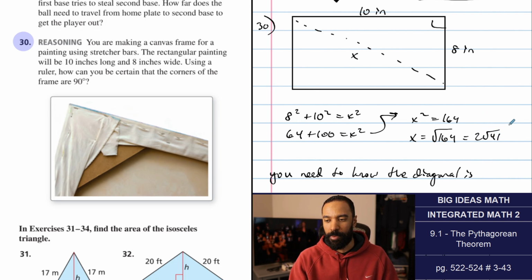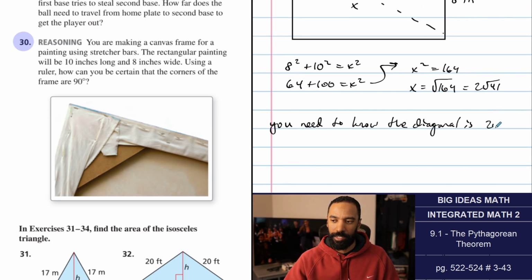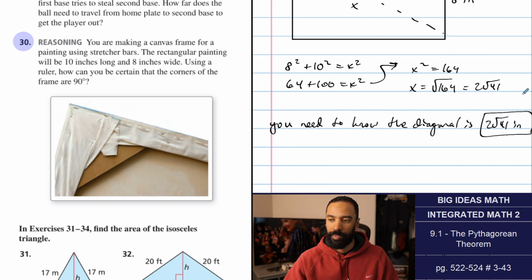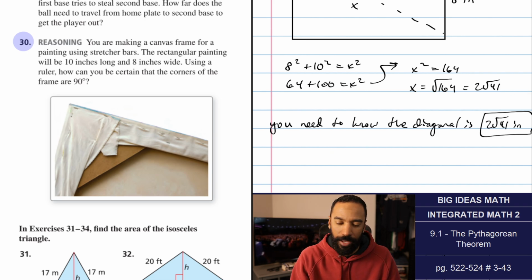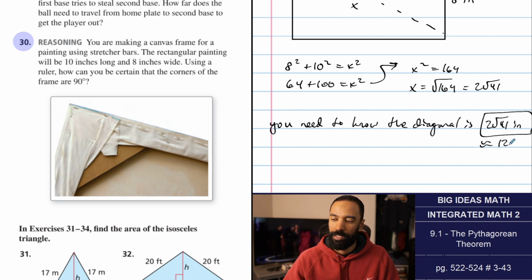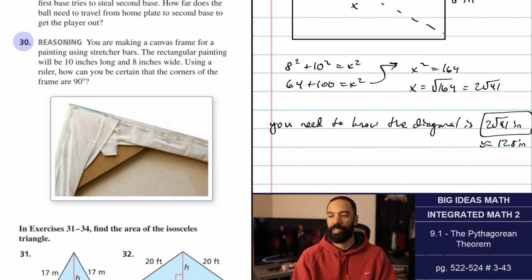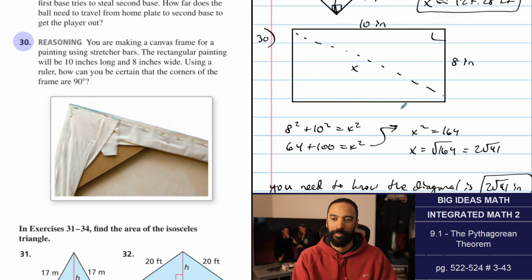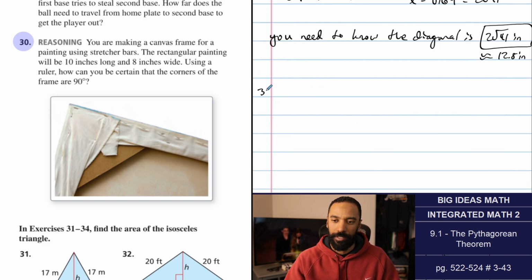See, if I approximate it, then it won't be exactly a right angle, a right triangle. 2 root 41 inches. If I wanted to give a version that was around 12.8, then it will make a right triangle there. Okay, number 31.